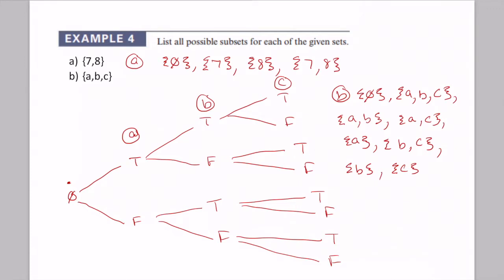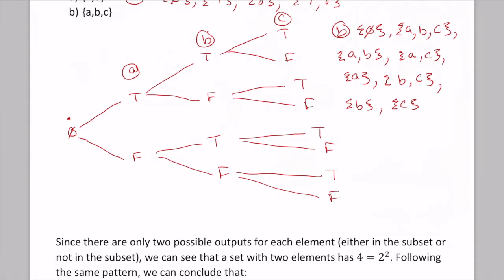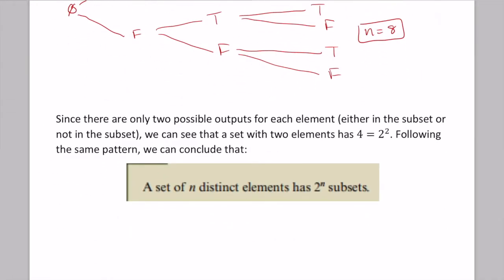So that came up with 1, 2, 3, 4, 5, 6, 7, 8. So we have 8 possible answers.